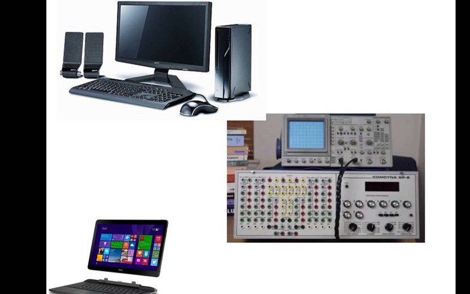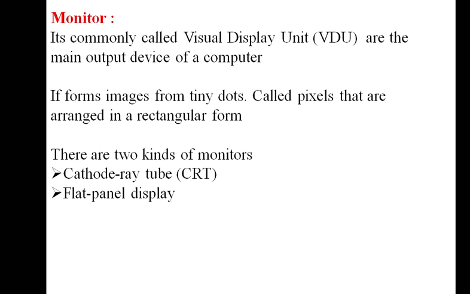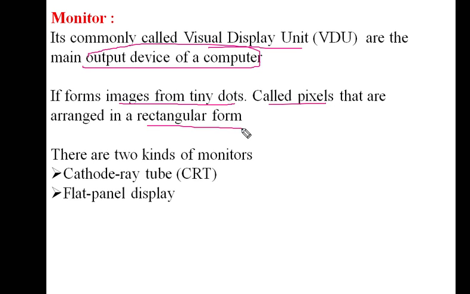For example, monitor. It is commonly called visual display unit, that is VDU, the main output device of a computer. It forms images from tiny dots, meaning small dots, called pixels, that are arranged in rectangular form.